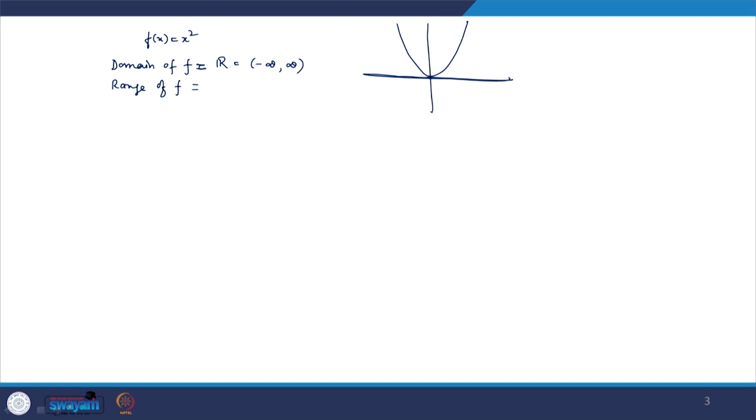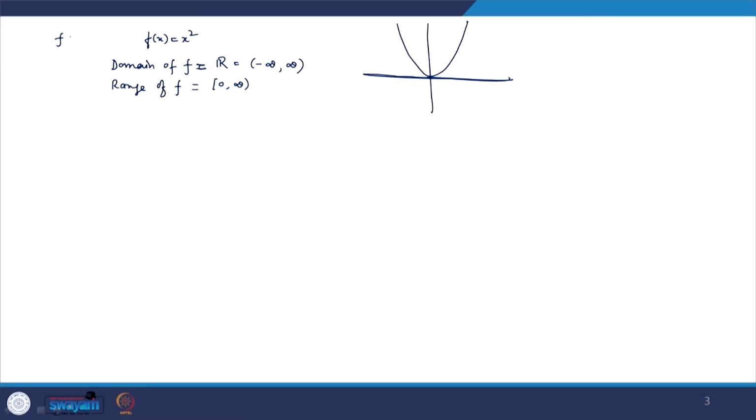So, the range of the function is only from 0 to infinity. 0 is included because when x is 0, f is 0. So, this is how we can talk about the domain and range of the function. Okay. So, we say this function is from R to R. The domain is the whole real line, however, the range is only a subset of this.